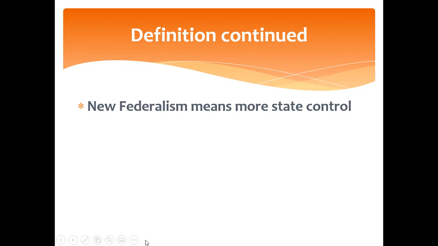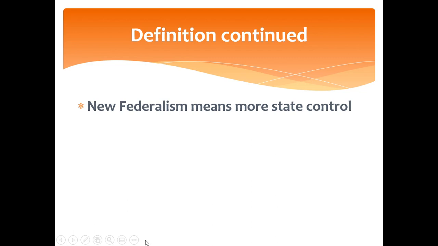President Ford and President Carter don't like this idea of New Federalism, so they don't do it. But President Reagan picks up President Nixon's idea of New Federalism and continues it on. It starts under President Nixon in the late 60s, early 70s, but it really gains steam under President Reagan in the 80s. New Federalism means more state control.